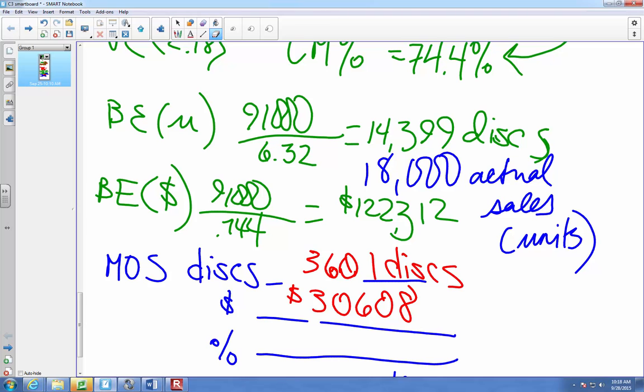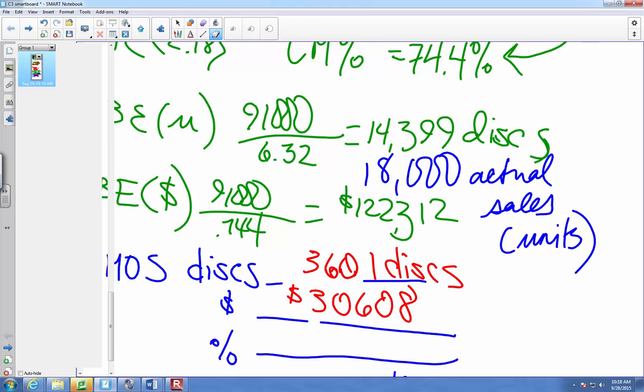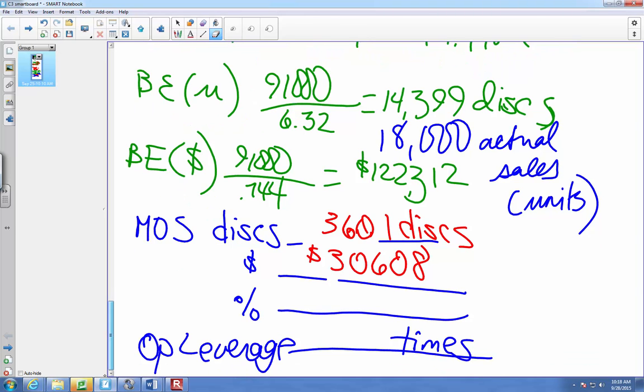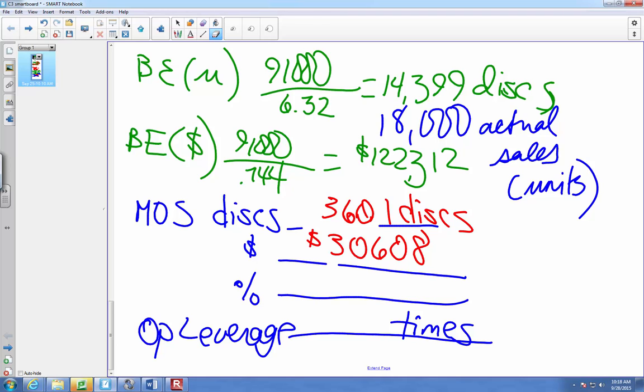So if you were to explain that to your chief sales officer, what would you tell her? What does that represent? If you were to explain to somebody what this margin of safety represents, what would you tell them in layman's terms? Go ahead, Monica.